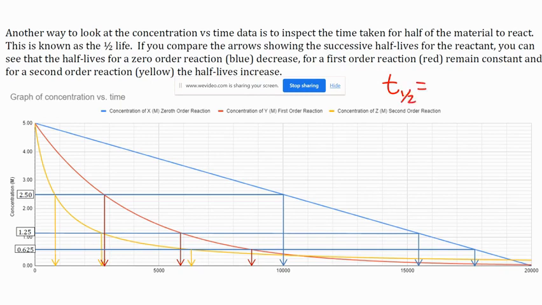T1/2 equals 0.693 over K. Again, this 0.693 only works when you're using a first order reaction. Okay, this will not apply if you have anything else.